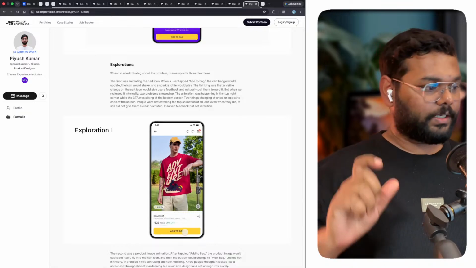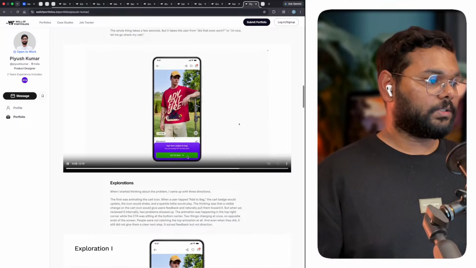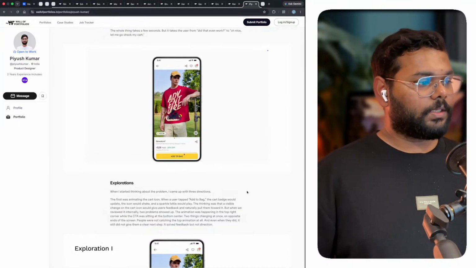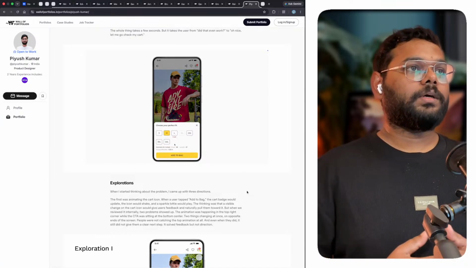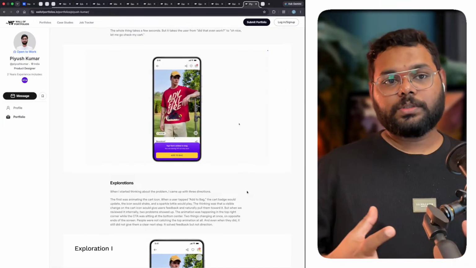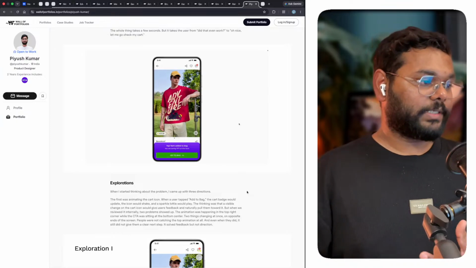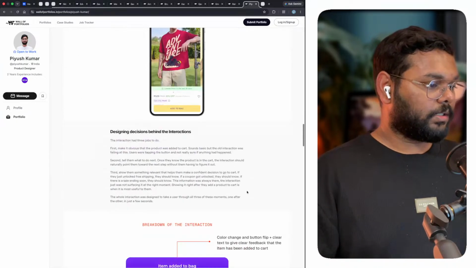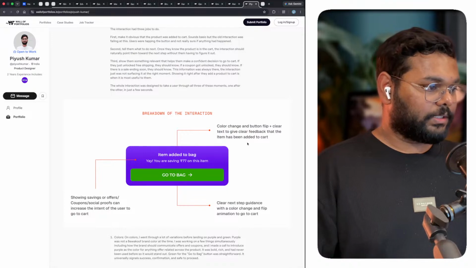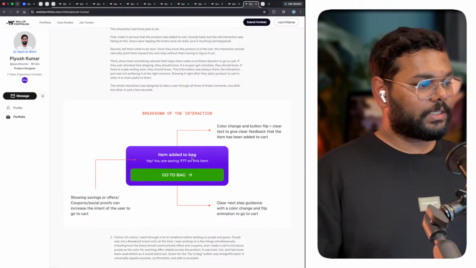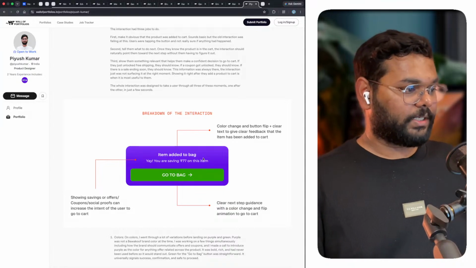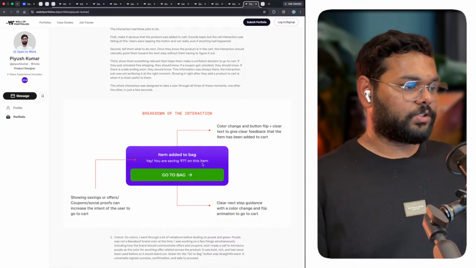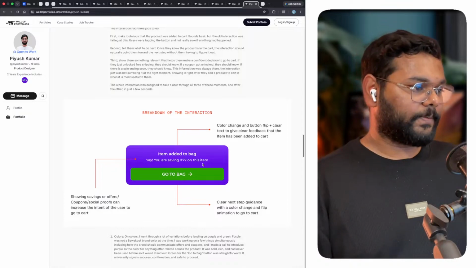Specifically, if I'm just solving it with something similar, it's good that you are using it, but putting it with your own personal take would make more sense, right? Why did you do this? These are the things which are there: items added to the bag and what it represents, saving this much, creates urgency and everything.